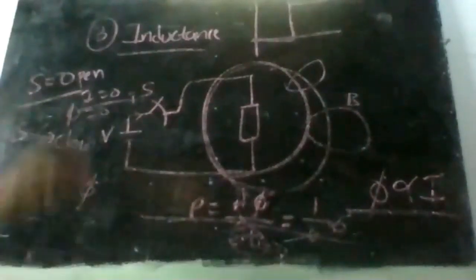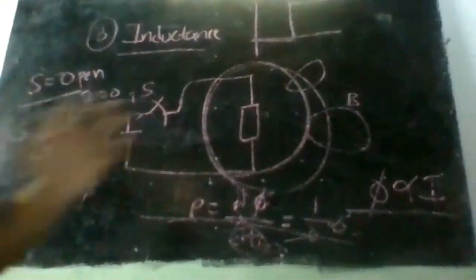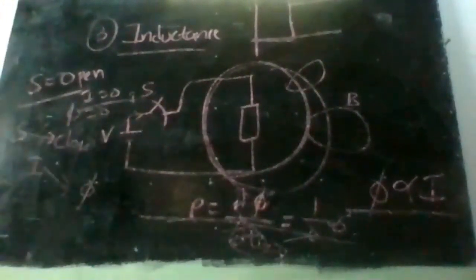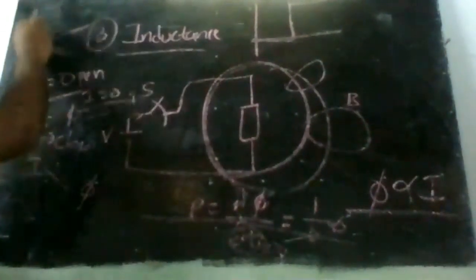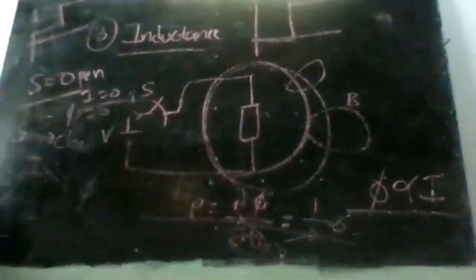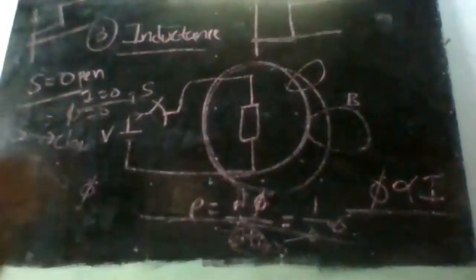Whenever current changes, obviously the flux also changes. If the current is changing instantaneously, that means it is changing suddenly. Here it was 2 amperes, suddenly it changed to 5 amperes, let's say. Whenever that happens, the flux is changing in zero time.